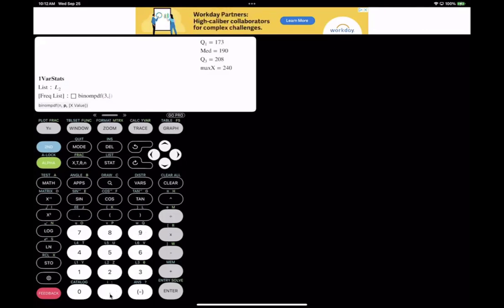Then use your comma again here. And then x, it says exactly 2. All right, what is the x value? X is exactly 2. So hit 2 and then enter.